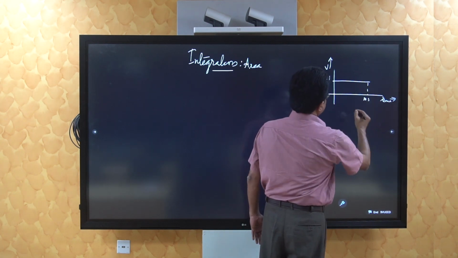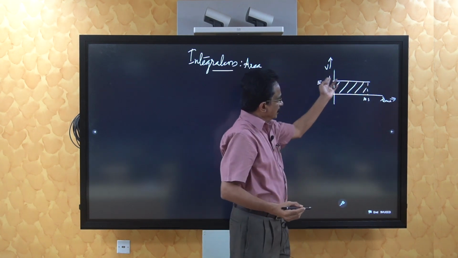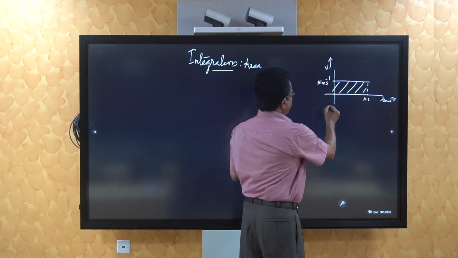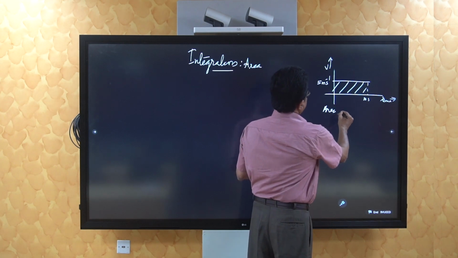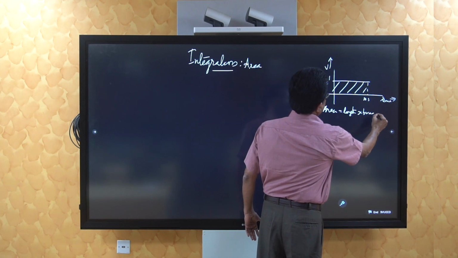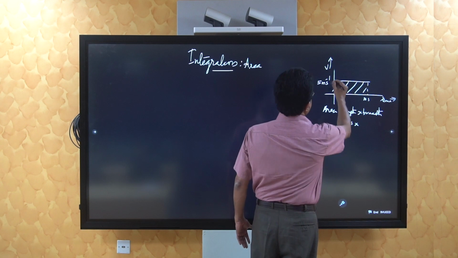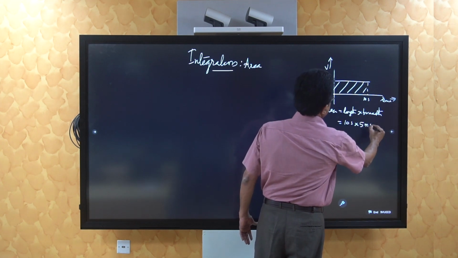say 10 seconds. Now the graph is a straight line segment, and this portion is a rectangle. Geometrically, I am finding the area by using the formula length into breadth. The length is taken to be 10 seconds and the width is 5 meter per second.